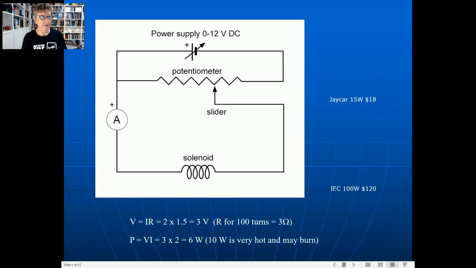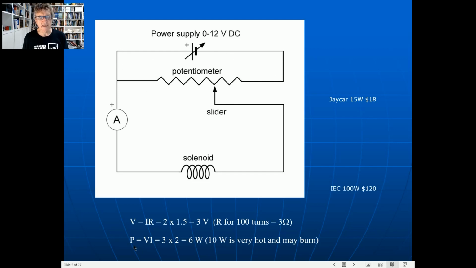So I'll just go back to this image. So I've got about 50 turns, so it's 1.5 ohms. So 2 times 1.5 is about 3 volts. So as long as I have my power supply set at, say, 4 volts. Now I don't want to set it too high because what you'll end up doing is burn this potentiometer out.